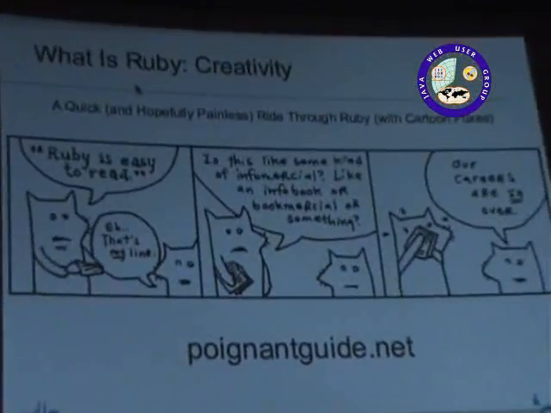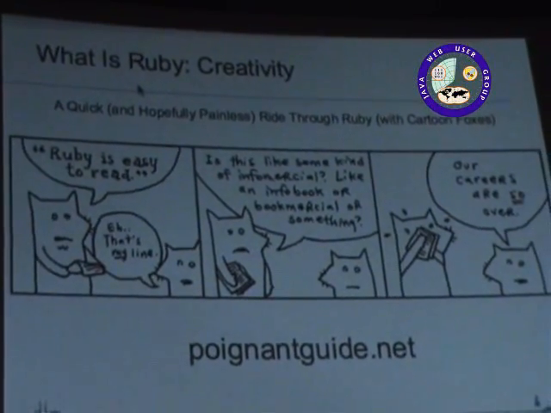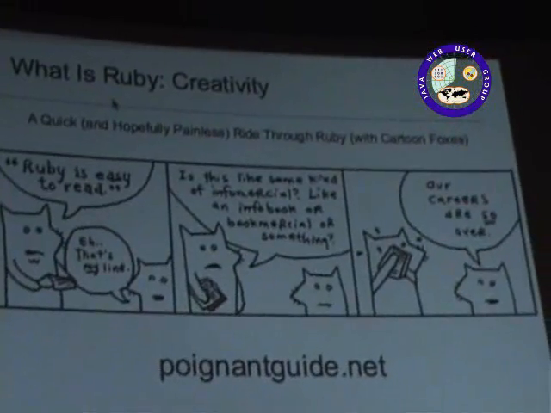He's sort of a programming performance artist, and one of his claims to fame is the Poignant Guide to Ruby, which helps teach Ruby to aspiring developers using his cartoon foxes. This is one of the little comic strips that he has on poignantguide.net, which is his quick and hopefully painless ride through Ruby with cartoon foxes.